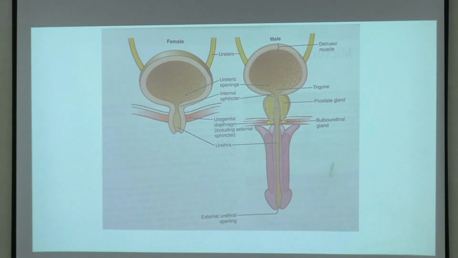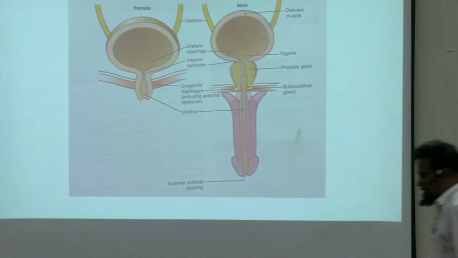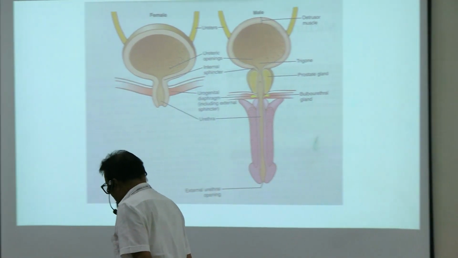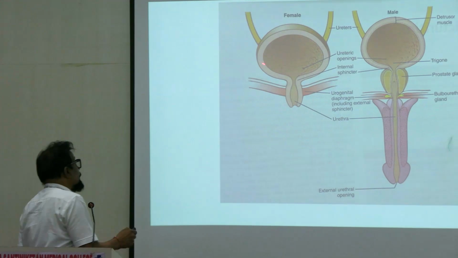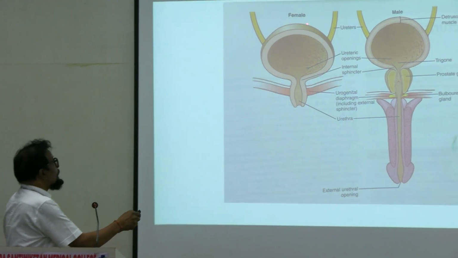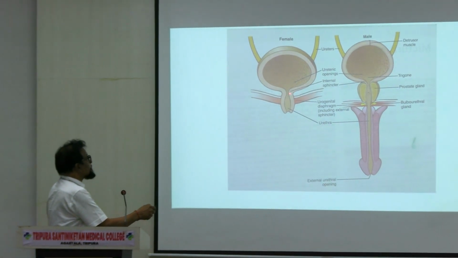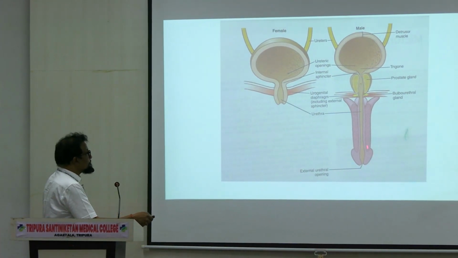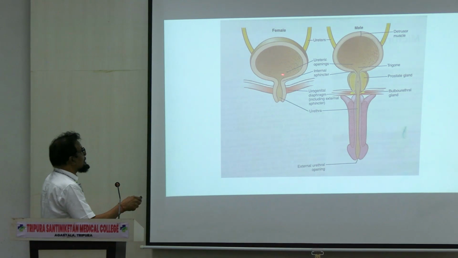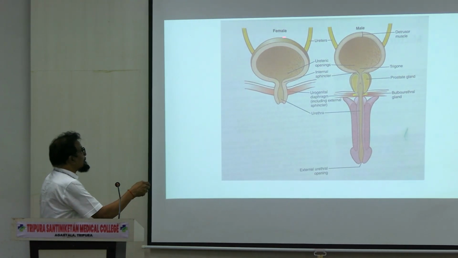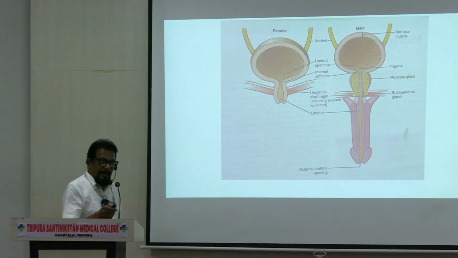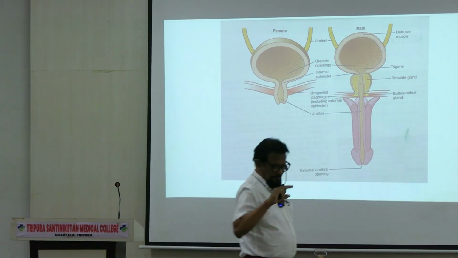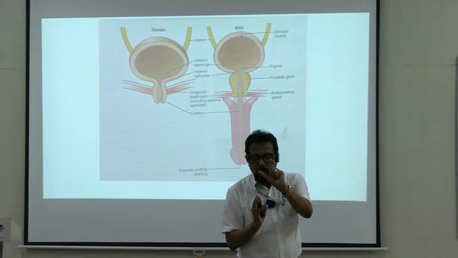Let us study in brief the physiological anatomy of the urinary bladder. So this is the whole bladder, and this is another part. This is the urethra. This part is the urinary bladder, and this bladder is made up of two parts.